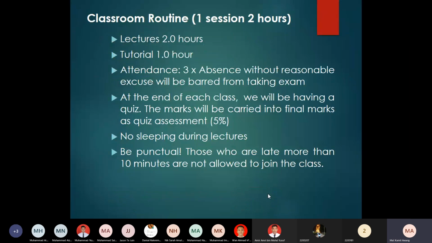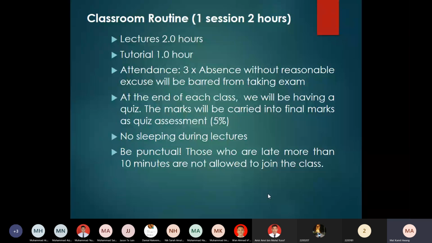This is if you do the classroom or face-to-face. Basically the lecture is about 2 hours and tutorial 1 hour, but normally that tutorial hour I also use for lectures because we have a lot to cover. Throughout the lectures, I'll give examples. If it's a face-to-face lecture, this is actually the rule. Attendance: 3 times absent without reasonable excuse will be barred from taking exams.